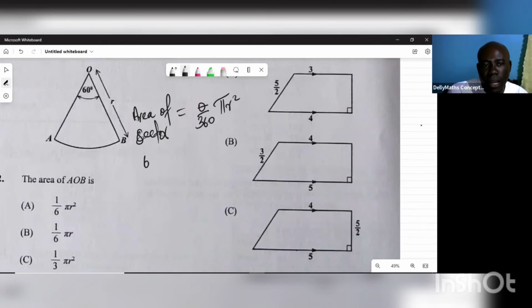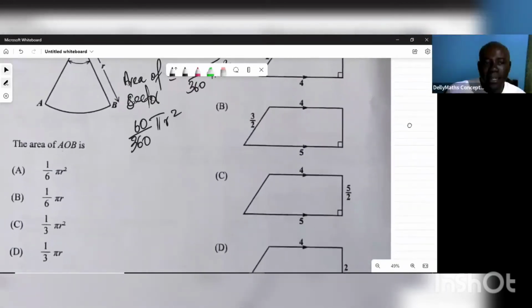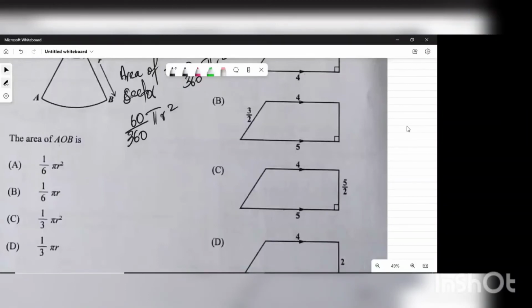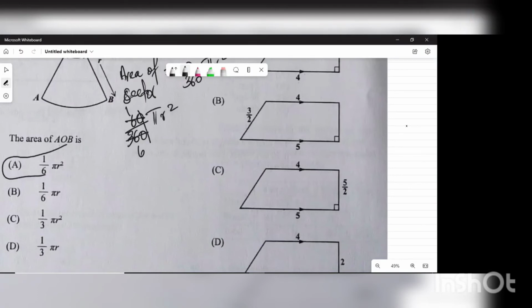So then we're talking about 60 over 360 with pi r squared. If you notice, though, the answer is in pi r squared, and because it's a multiple choice, now you understand that they're not stressing. So you divide out this, cancel your 0, 6 into that. So the answer is 1 over 6 pi r squared.